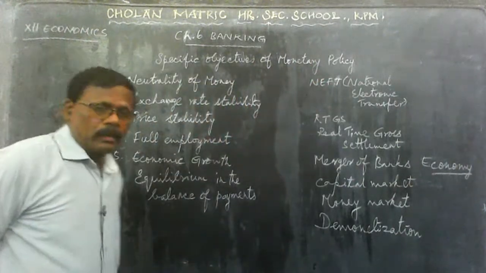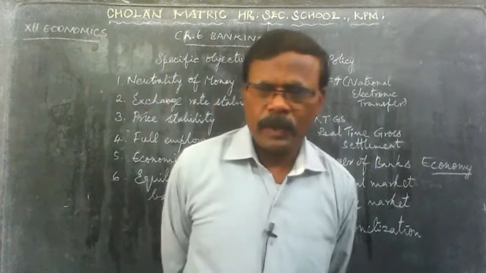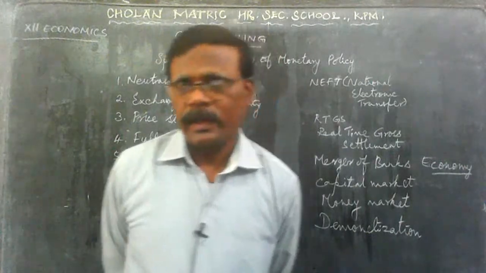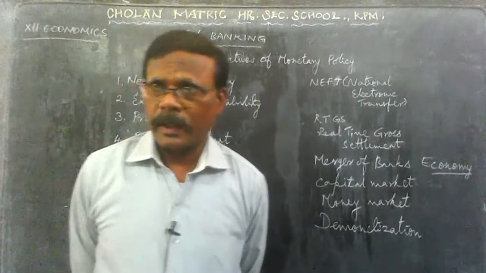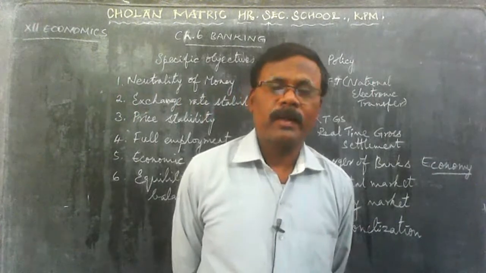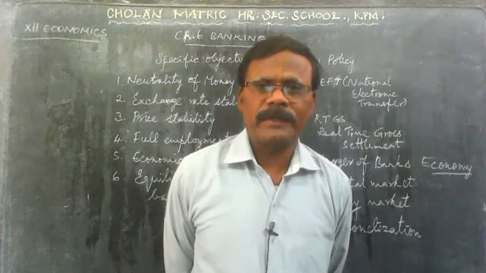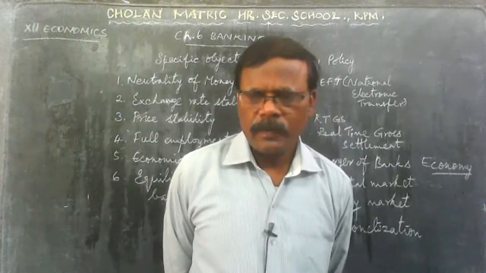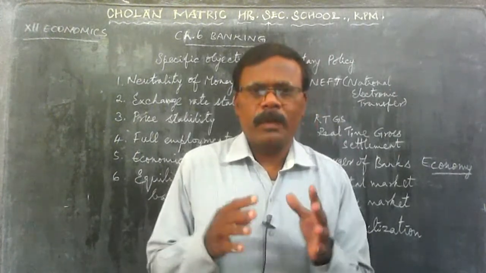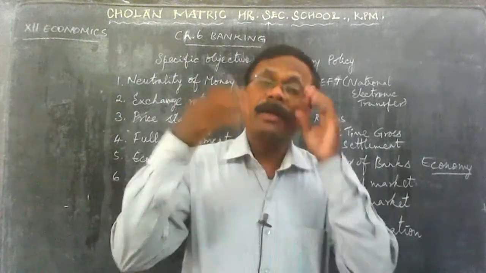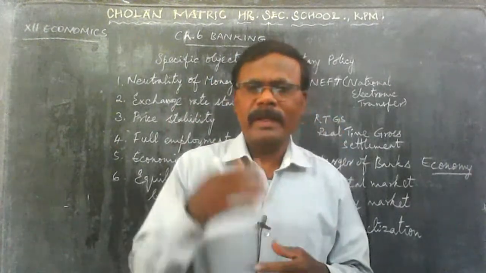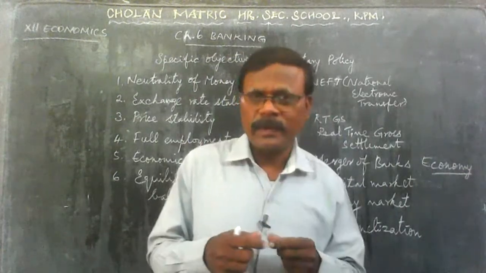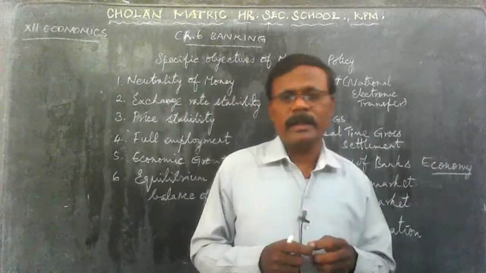Now, the monetary policy: economists like Wicksteed, Hayek, and Robertson are the chief exponents of neutral money. Monetary policy is the macroeconomic policy laid down by the central bank towards the management of money supply and the rate of interest.